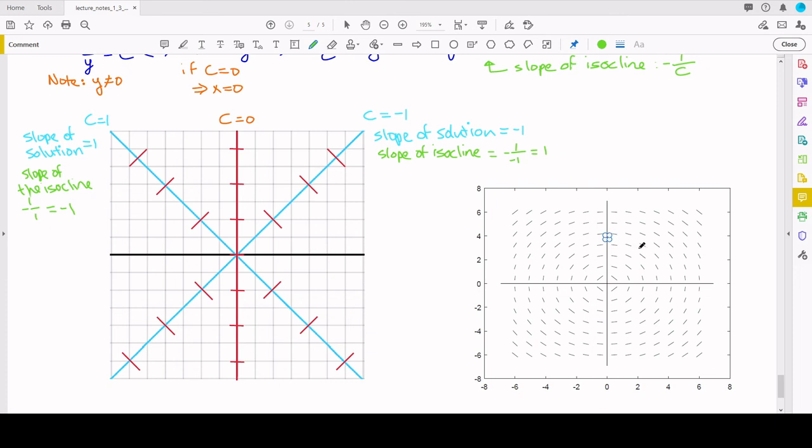And so we go down here until we reach the x-axis. And what we draw there, actually, you can show that that's part of a circle.